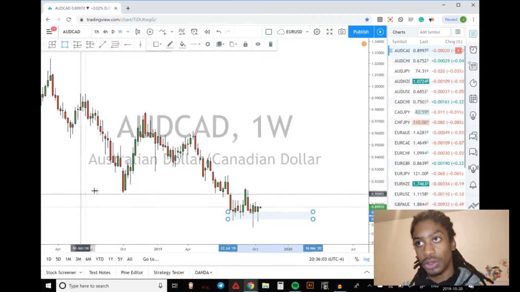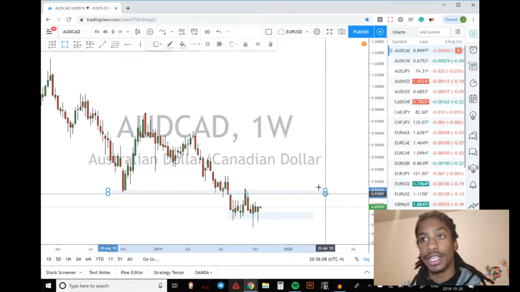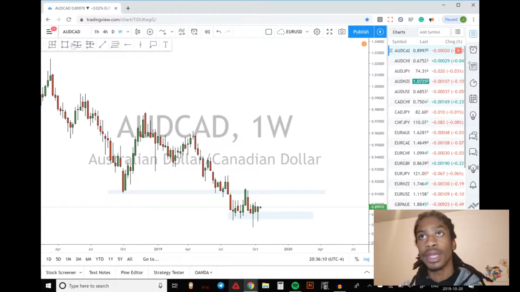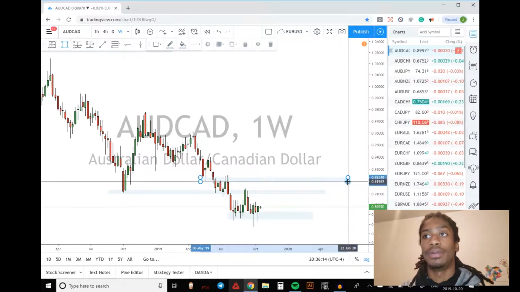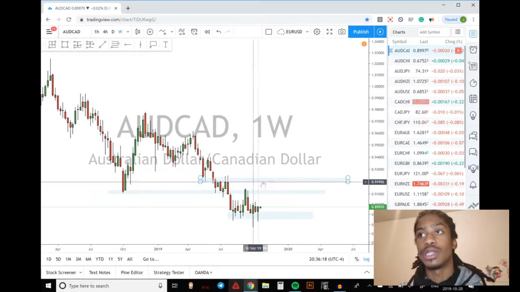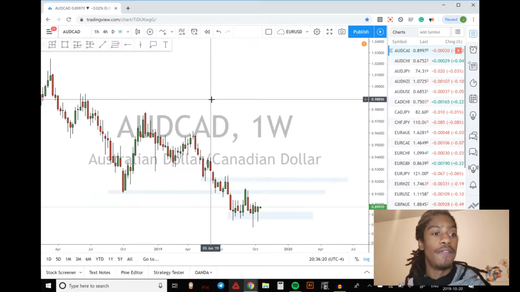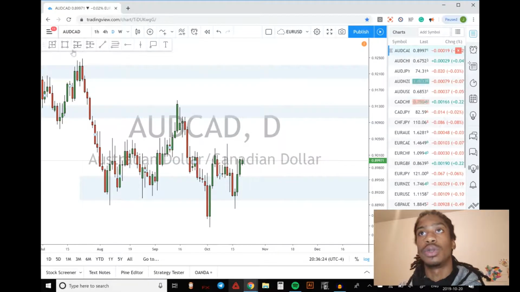And then I also see we have another support area, resistance area here. And also something not that relevant, but it could become relevant within this week or next week or so, is this resistance area here. And then from there, we're just going to drop down to the daily. We're going to look at what it's doing.